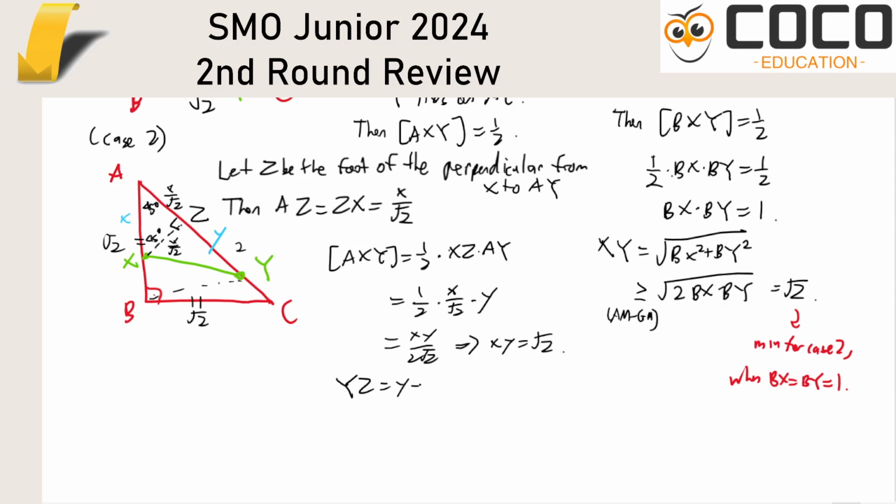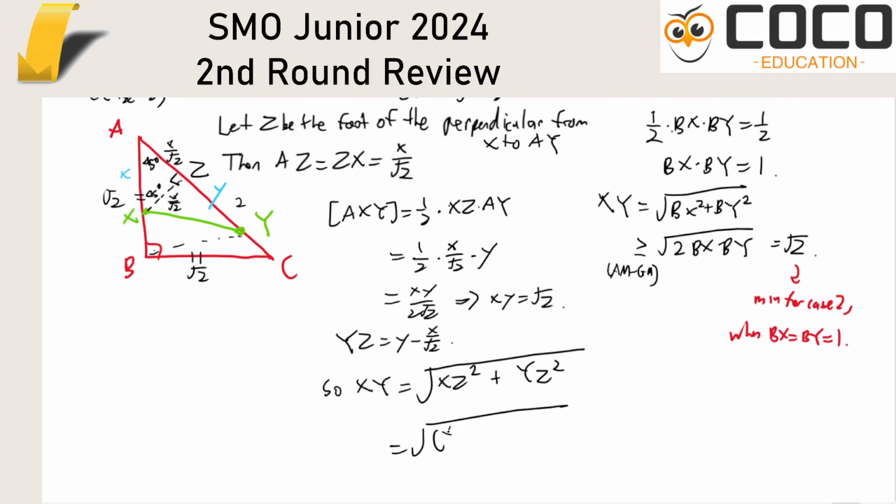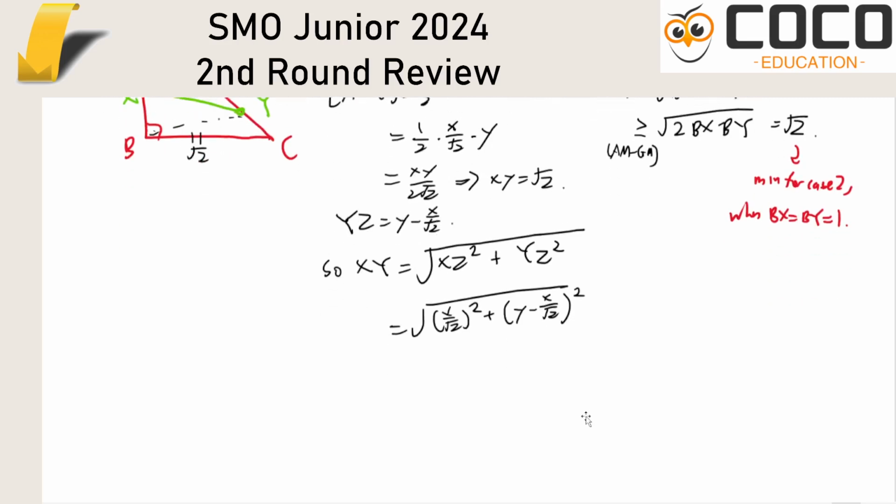YZ is y minus x over root 2, and so XY squared is XZ squared plus YZ squared, which looks like this. I'll just expand this.